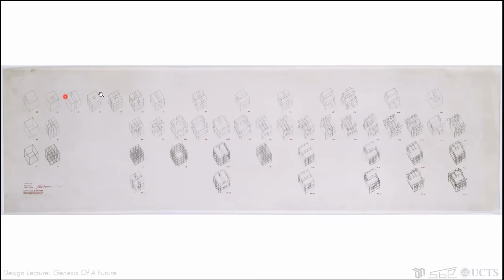And this axis here is not the only axis that matters. If you look at this y-axis here, it is another parameter of this initial box that came to be.